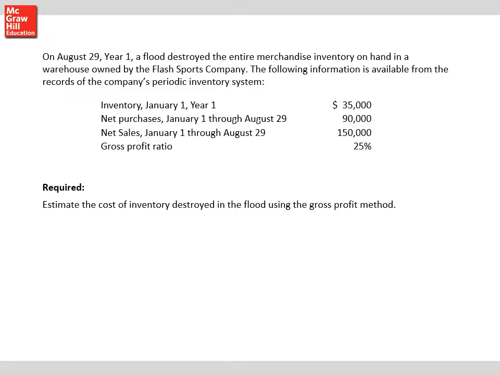And so lower of cost or net realizable value is something you do at the end of each year when you're getting ready to report inventory on the balance sheet. It's required. This method you use really in estimating your inventory for something like this.